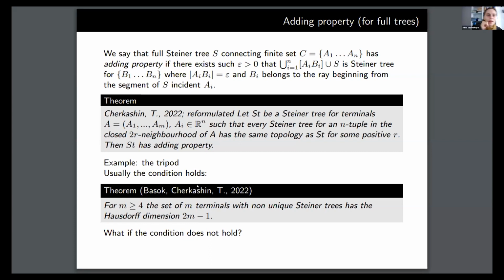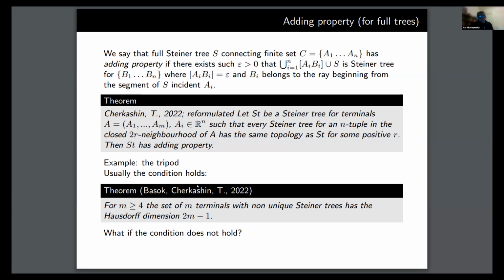I cannot explain shortly how it looks like, but for example, we know that we can think about the topological class of Steiner trees, and we know that the set of points whose Steiner trees have the same topological class is connected and good.